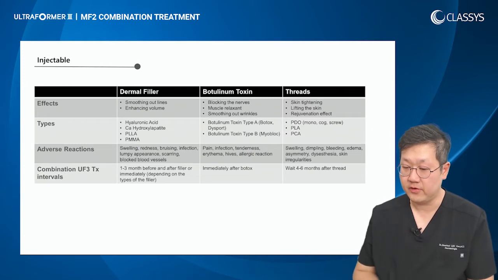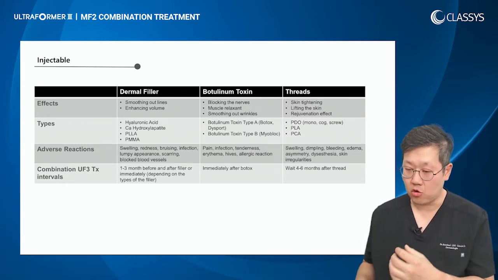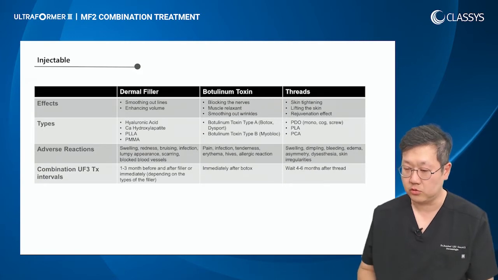There can be augmentation using dermal fillers, or chemodenervation using botulinum toxins, or more direct augmentation with threads or lifting. You can use all of them, but today we will use hyaluronic acid, very basic fillers, which will regenerate and reconstruct the tissues at the same time.